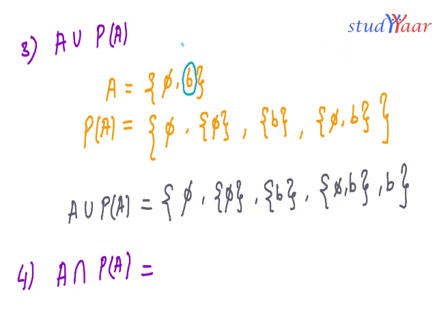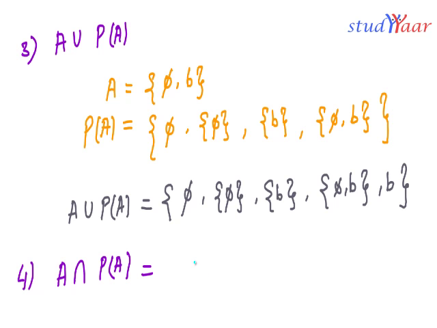So the only element that is present in both A and power set of A is the null element. Hence, my intersection of A and power set of A is equal to the null element.